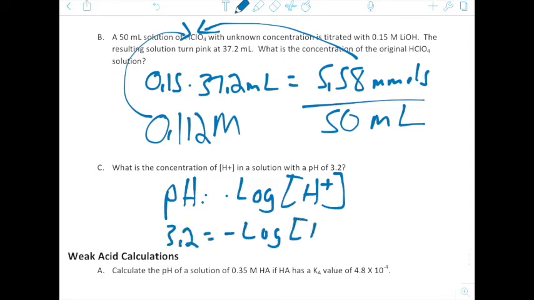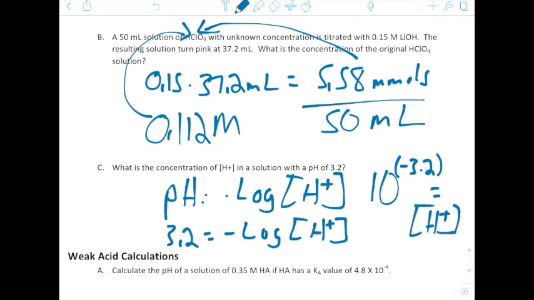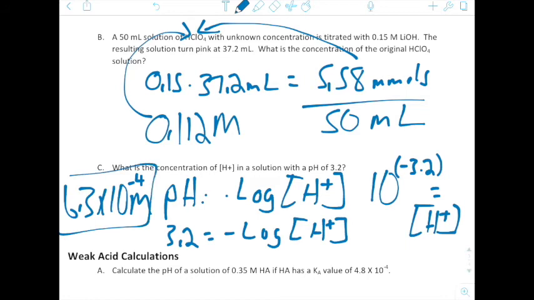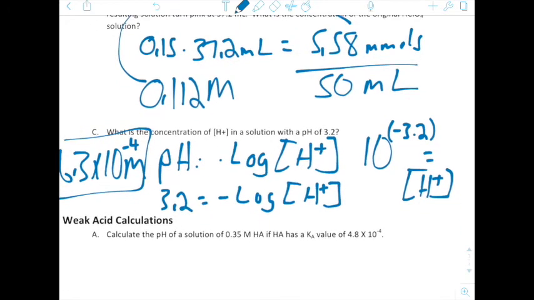And remember, you have to do the opposite of our function, and we're going to get 10 raised to the negative 3.2 equaling our hydrogen ion concentration, which when we do this, we get a concentration of 6.3 times 10 to the negative fourth molarity of our hydrogen ion concentration.